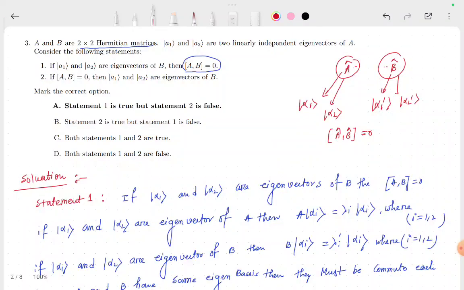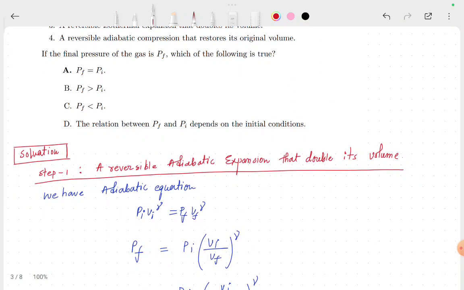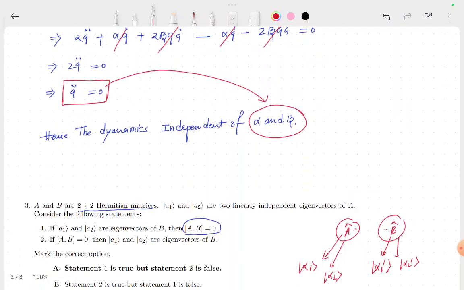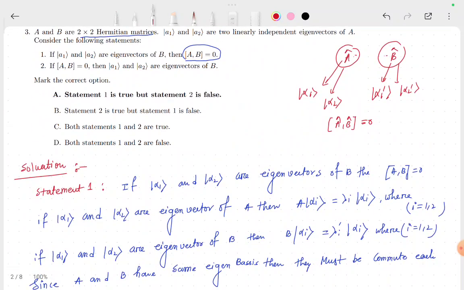These two operators have the same eigenvalues, A cap and B cap have the same eigenvalues, but they do not have common eigenfunctions.